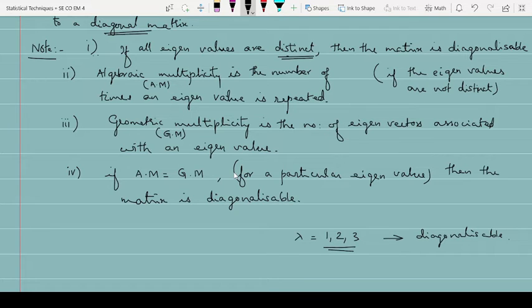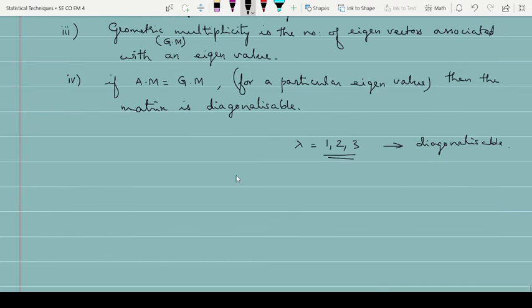So when the values are distinct, we are going to get an eigenvector corresponding to each of these. Then the diagonal matrix D will be formed just by putting these eigenvalues as the diagonal elements and all remaining elements are 0.